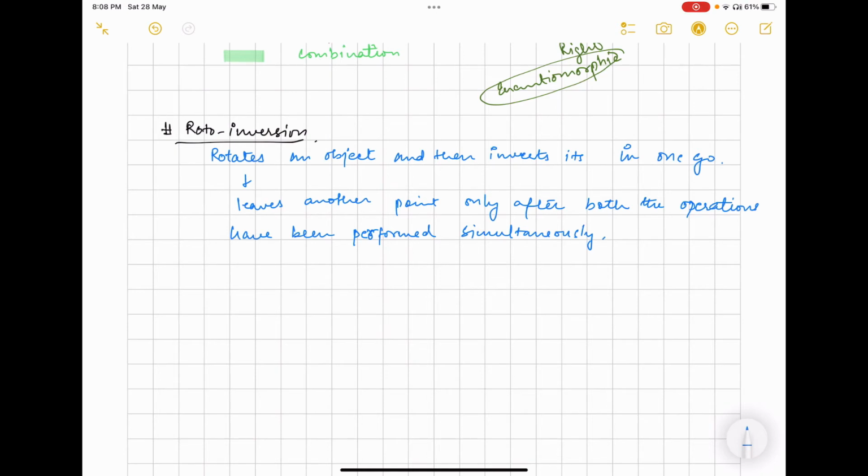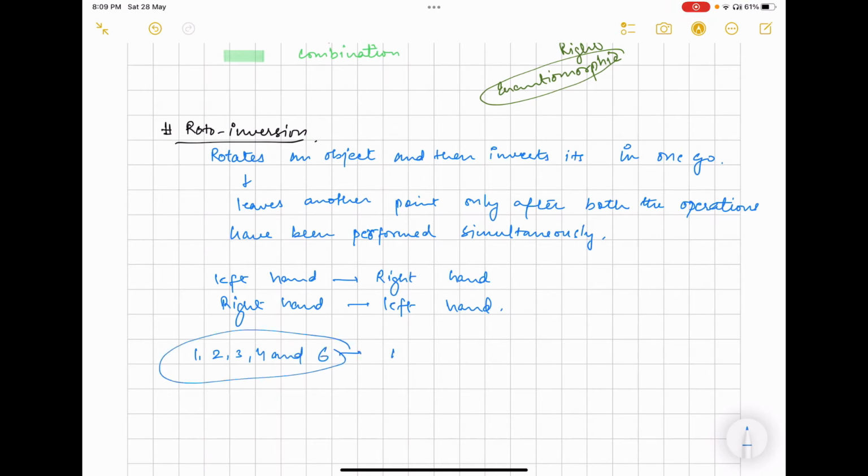Now in this, a left-handed object is changed to a right-handed one and a right-handed object is transformed to a left-handed one. Now, since the compatible rotations are 1, 2, 3, 4 and 6, we have only these many roto-inversions. So for roto-inversions we have 1, 2, 3, 4 and 6.